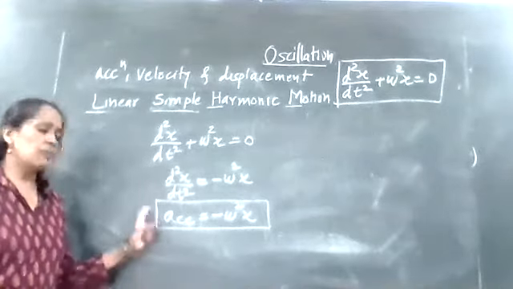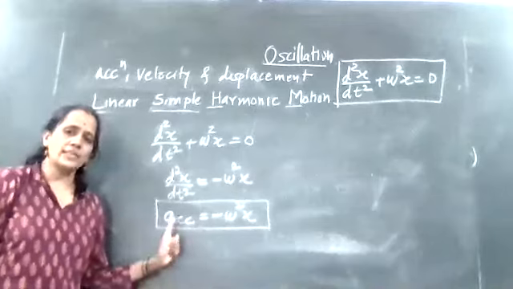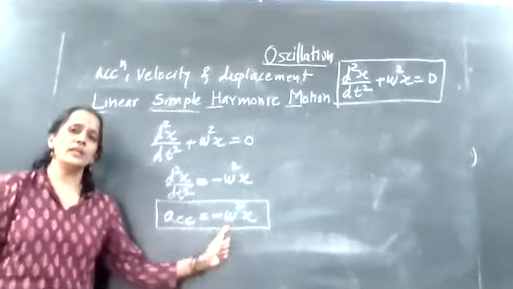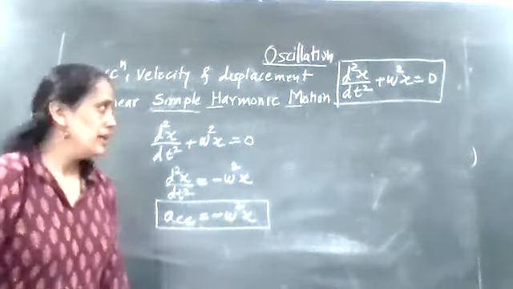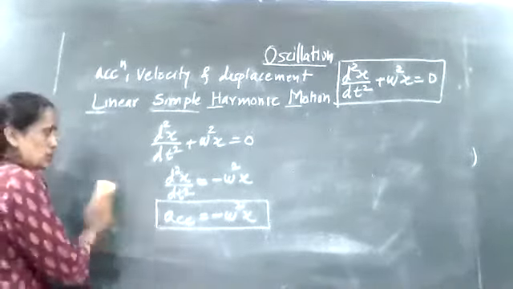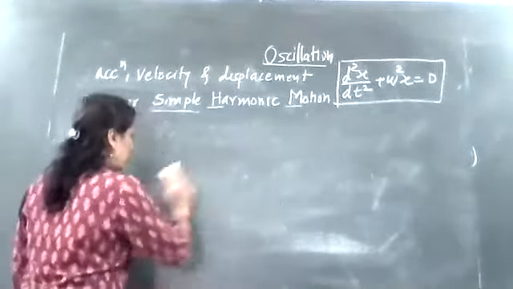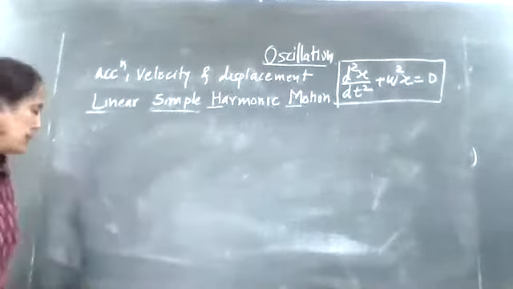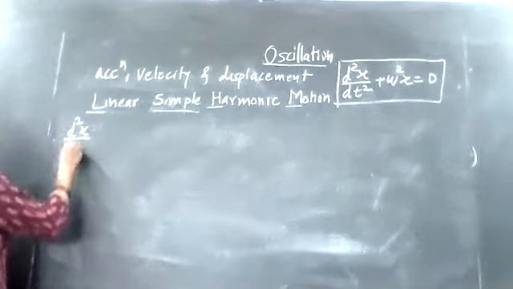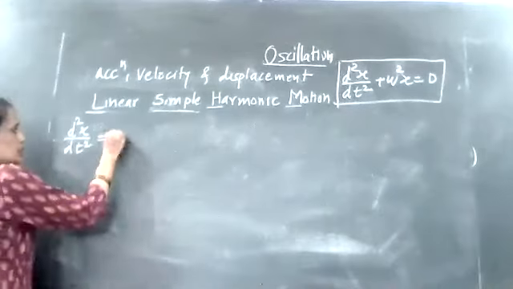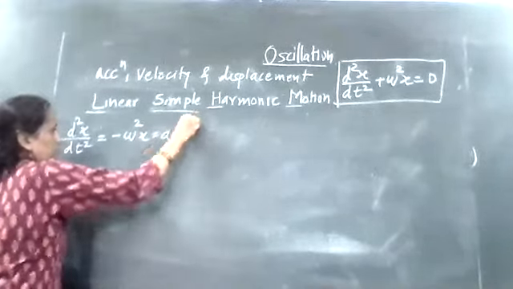Clear? Once you have got the acceleration, I will write it down here: acceleration, that is d square x by dt square, is equal to minus omega square x.